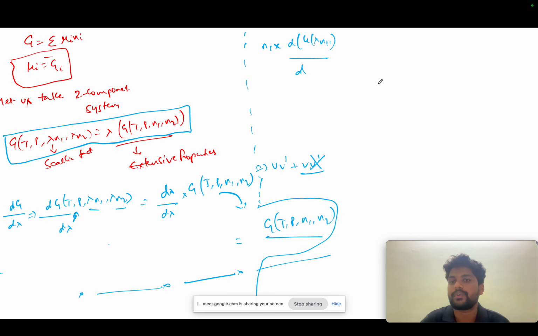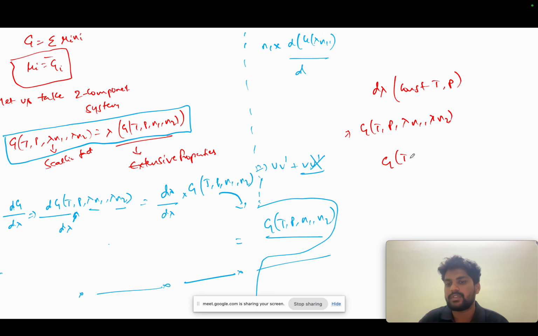Here also we are doing the same thing. If you are doing it with d lambda, it is at constant temperature and pressure. For G of T comma P comma lambda n1 comma lambda n2, if I give the equation of G of T comma P at constant pressure, you would write dG by dT at constant pressure, right?